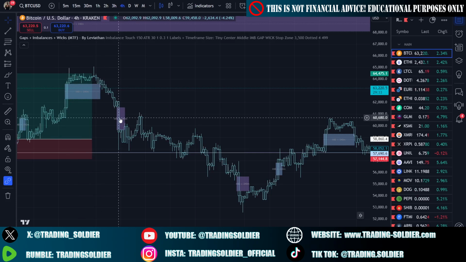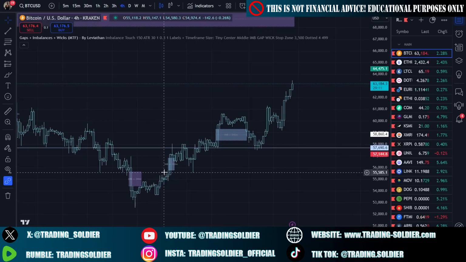Here is a bearish impulse candle, generating a bearish imbalance. So if you spot these areas, you will know where the momentum of the market is. If the momentum is in a downtrend, you can position yourself short, and if the momentum switches to bullish, you can position yourself long.